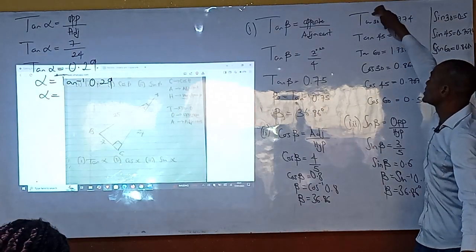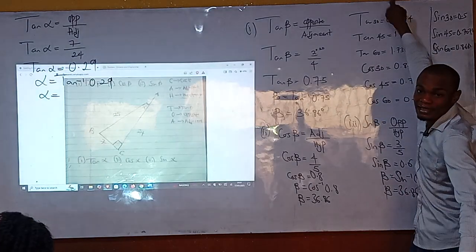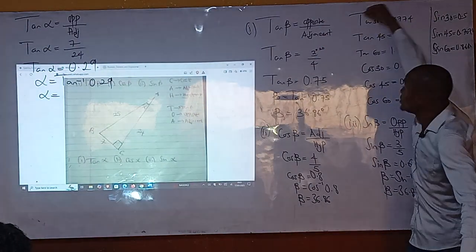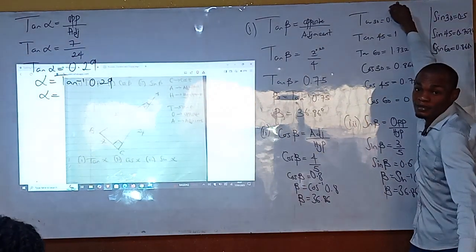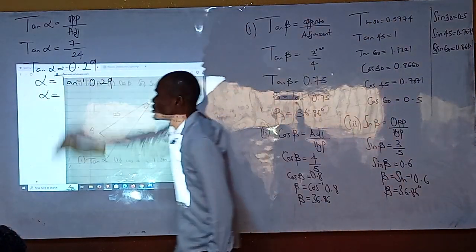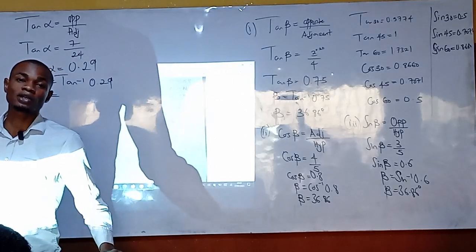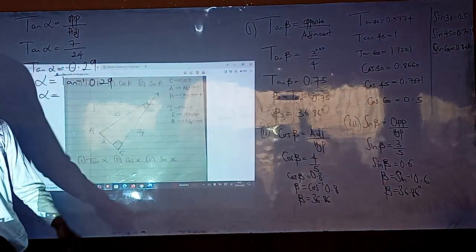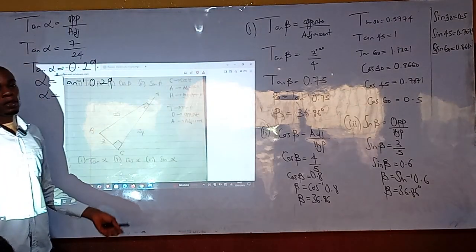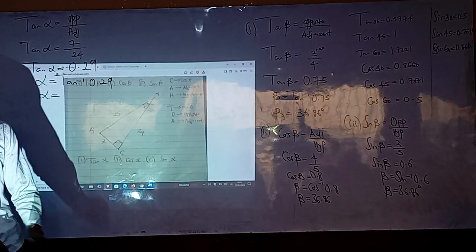As this is increasing, this value is also increasing, so 0.29 will be maybe 15. So press your scientific calculator. If you are writing WAEC, NECO, you have to use a scientific calculator. Shift and tan 0.29.